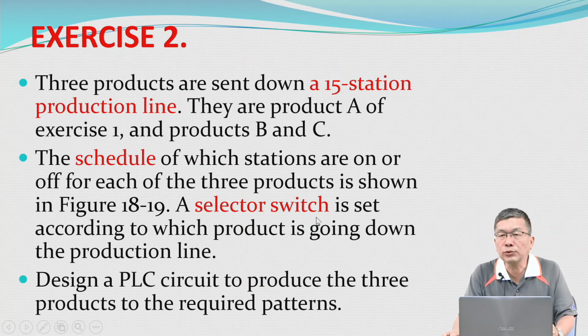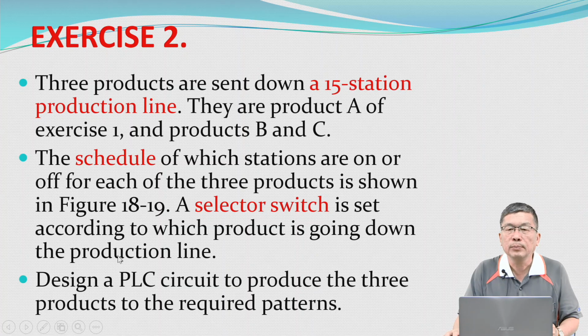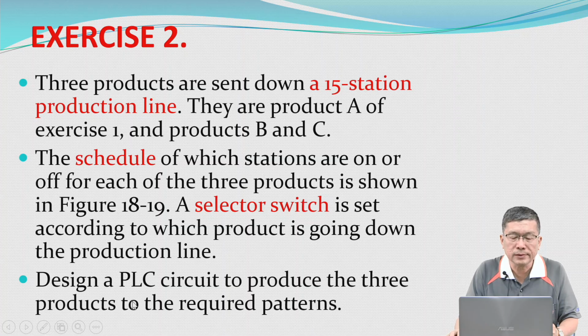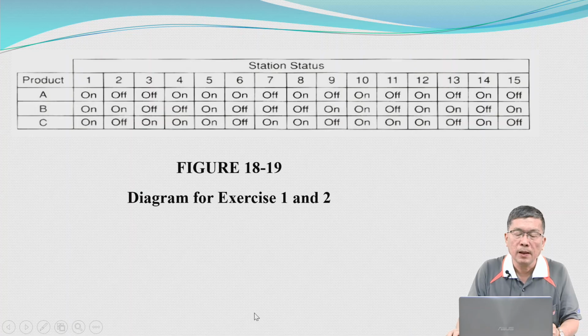A selector switch is set according to which product is going down the production line. Design a PLC circuit to produce the 3 products to the required patterns. This is the diagram for exercises 1 and 2.